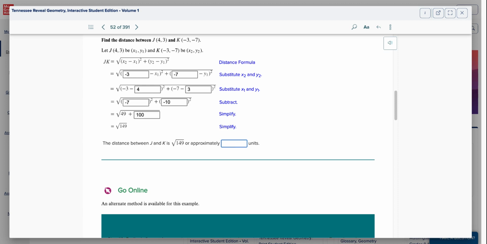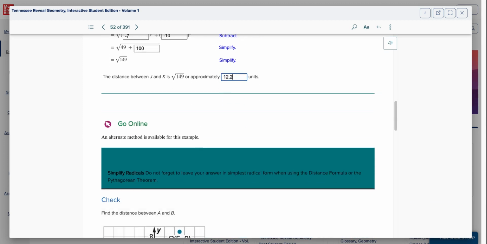So if you want to change that to a decimal, and again, it doesn't say what to round it to, so I'm going to round it to the tenth, which is one number after the decimal. I got 12.2. Again, they're not specifying which one. It doesn't specify in your book, so there we go. We'll just go with it.